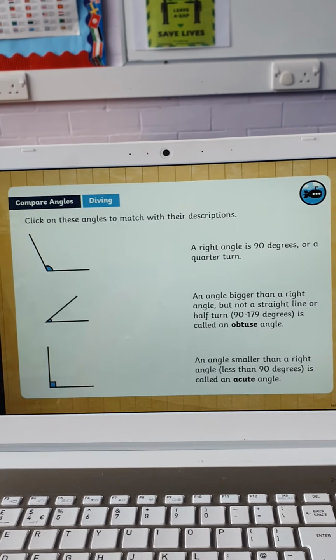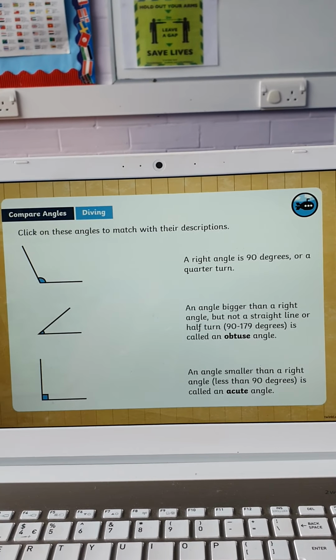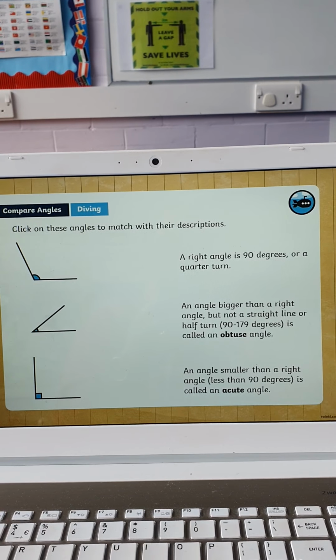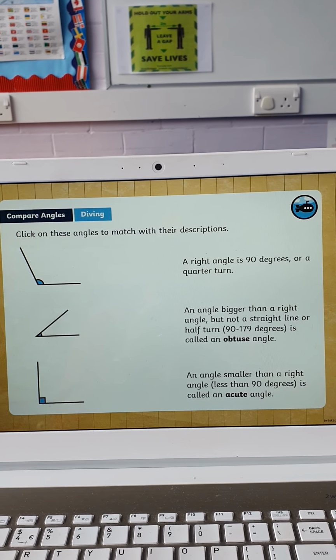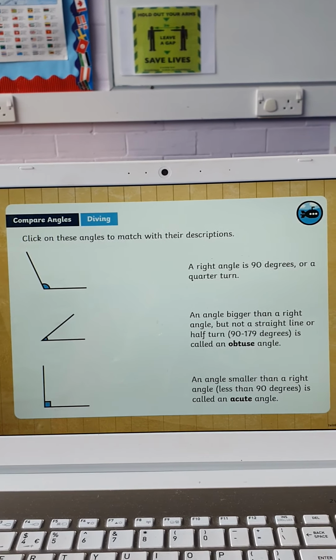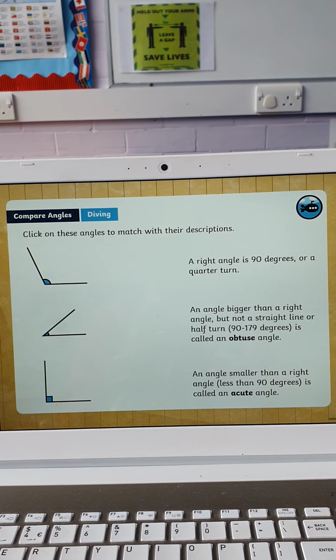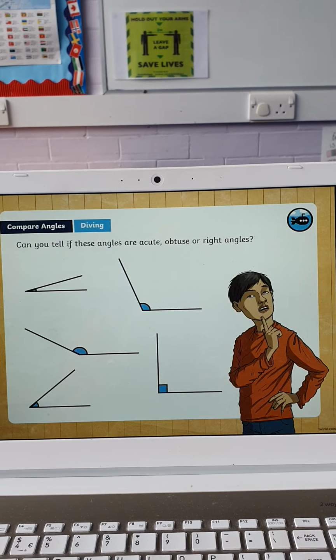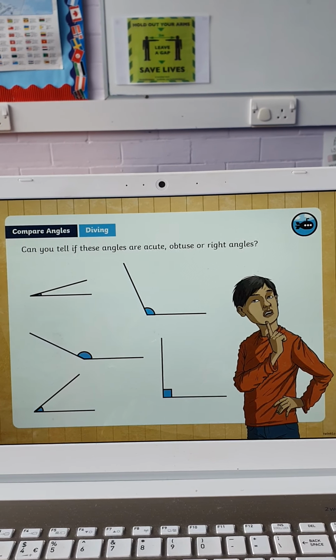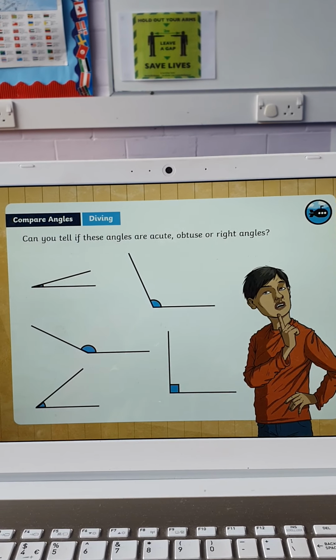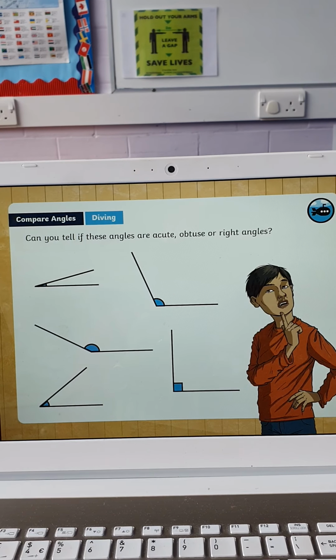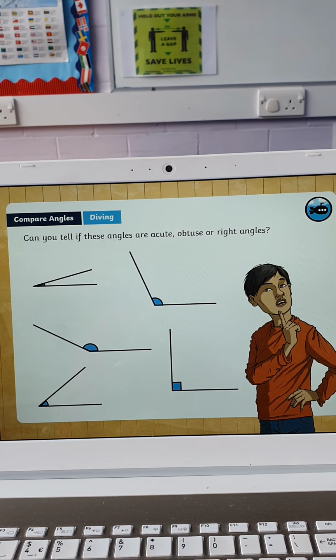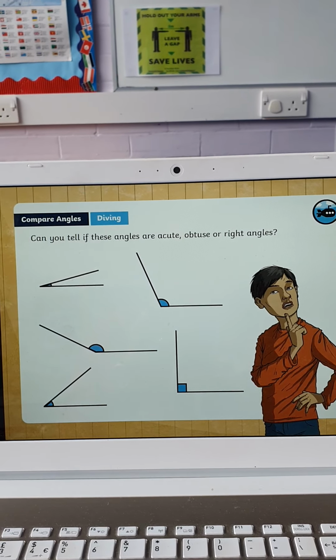So the angle that is bigger than a right angle, but it's not a straight line, is called an obtuse angle. The angle that is smaller than a right angle is called an acute angle. So here we've got some acute angles, some obtuse angles, and a right angle.